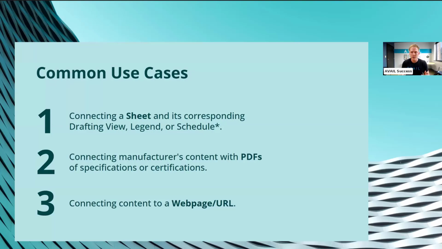As you harvest your sheets, you'll have an option to create relationships to its drafting views, legends, or schedules, so that automatically presents itself in Avail. We've already seen some firms do this. They've indexed or harvested sheets, and they assign the drafting views. Again, they have these things side by side in Avail in one viewable interface, so that end users can grab what they need from that sheet and then bring it right into their project.